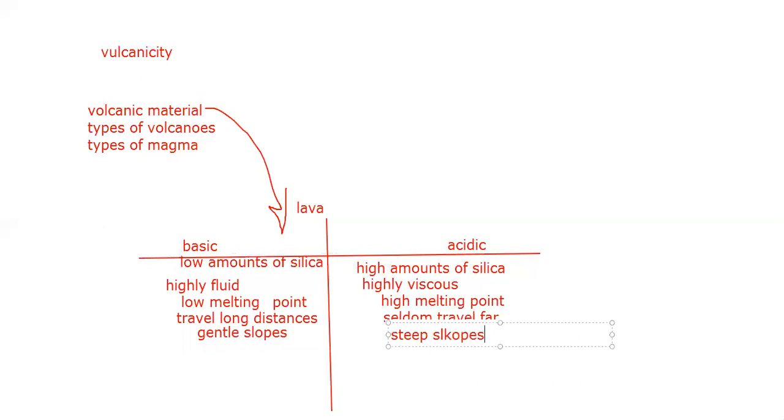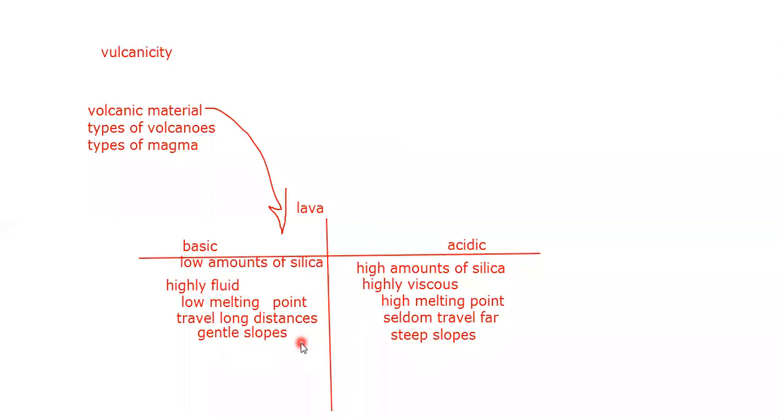Now, why would this be so? Why would basic lava create gentle slopes and acidic lava create steep slopes? The reason is that basic lava is highly fluid and has low amounts of silica, so it would not be thick, it would be runny.